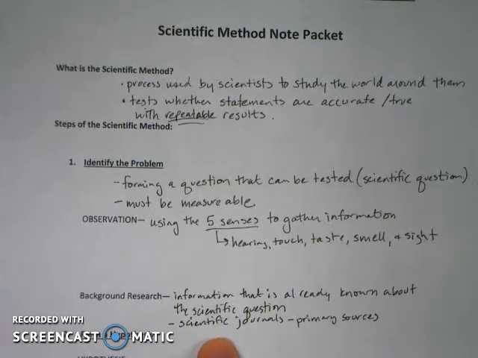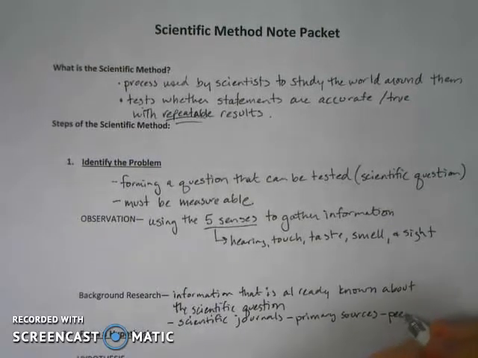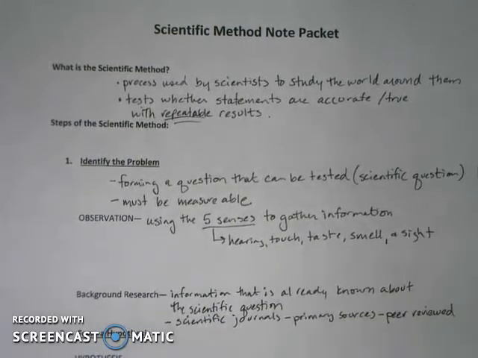So you can go on the internet and you can look at scientific journals. They're in all different fields of study, but they are peer-reviewed, which means that in order for them to be published, people that are experts in that area actually go through it and make sure that it holds up, that they went through the scientific method, that they did everything correctly, and that they answered the question that they made.